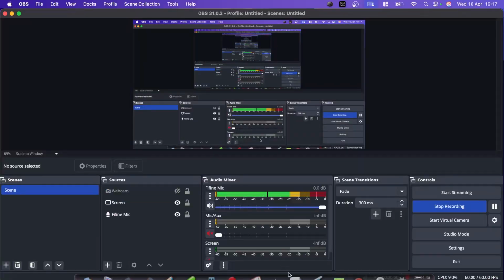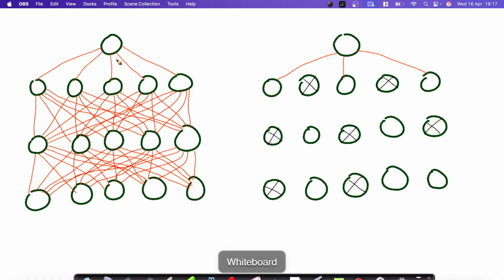Now let us see an example of how dropout actually works. Let us say this is a neural network. So that I do not waste time, I have already drawn it. Let us say this is the input layer, this is hidden layer 1, this is hidden layer 2, and this is the final output layer. They are fully connected, right?